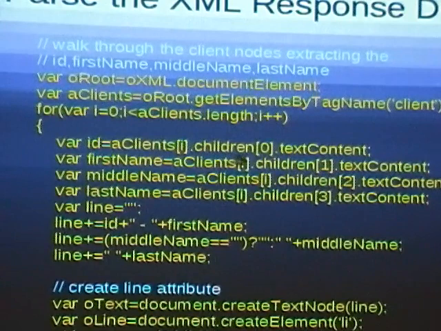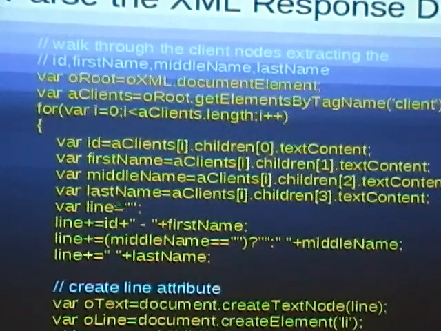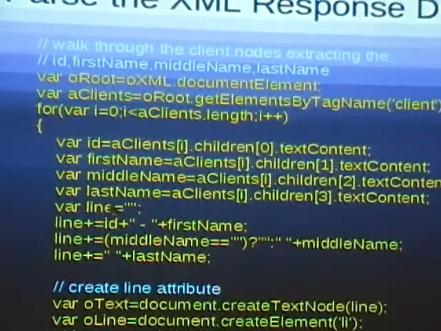To get to the actual content of the tag, you use the first child, which is 0, and then it's a text node. Then you use the textContent attribute to give you the value of the ID here. And you do the same thing on down through the first name, middle name, last name, like that.